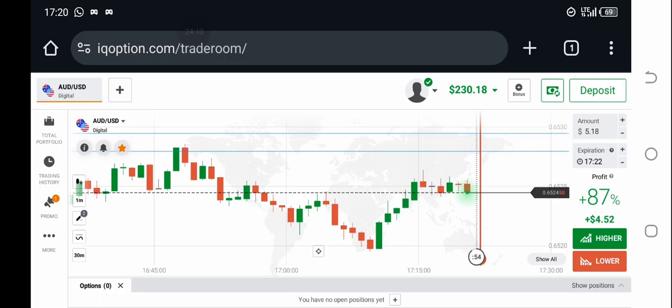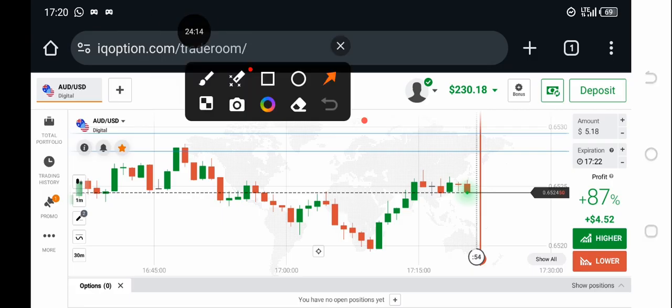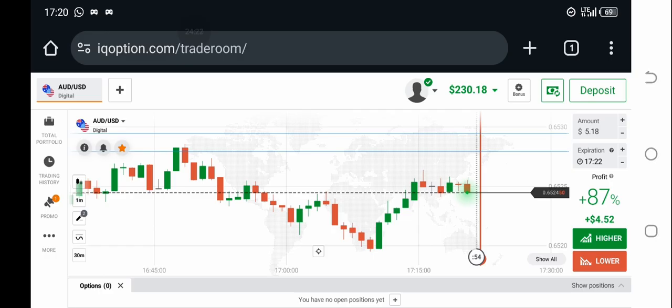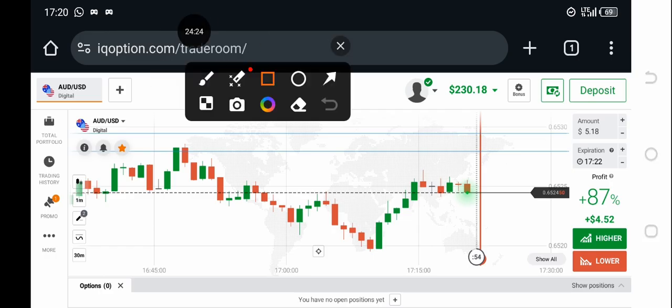Because if you look carefully again, behind where the sellers entered from, this particular candle is a hammer candlestick at the level, a reversal signal.